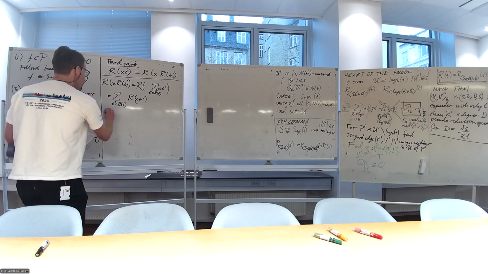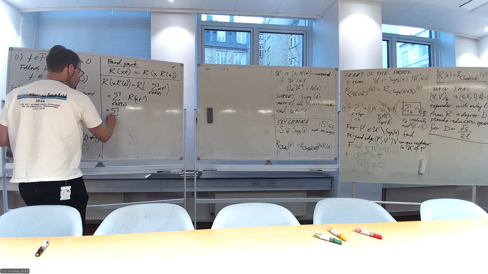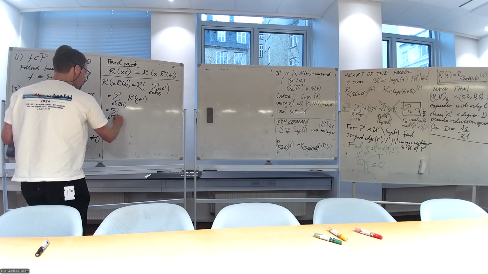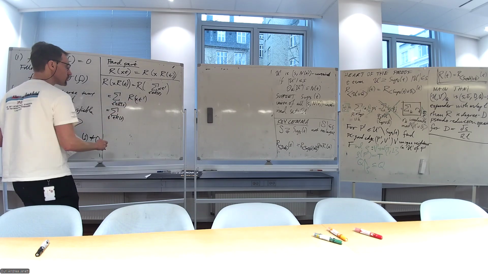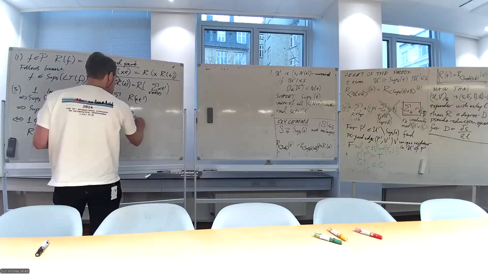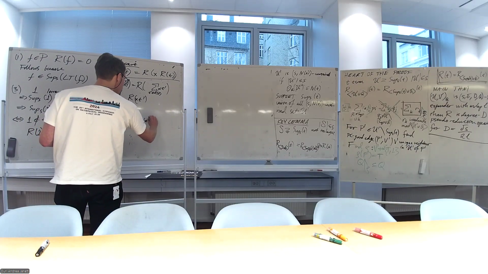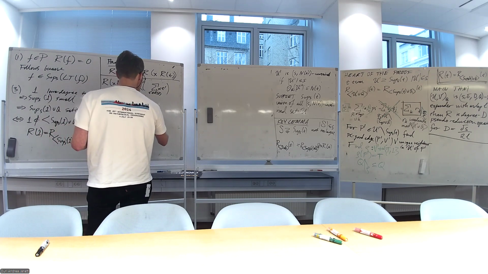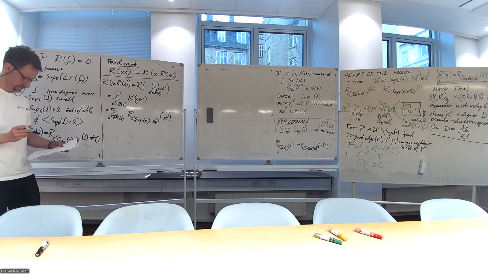Okay, so now what is this? Well, this we know by definition. What is R applied to xt prime? Well, that is the honest reduction modulo the support of xt prime union q of xt prime, right?